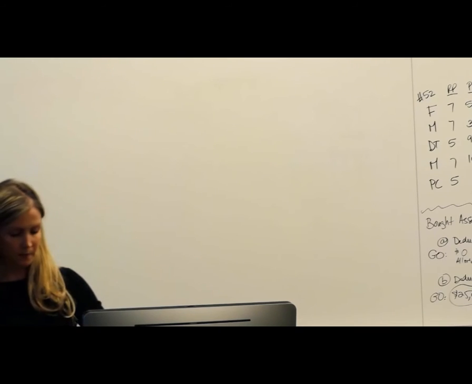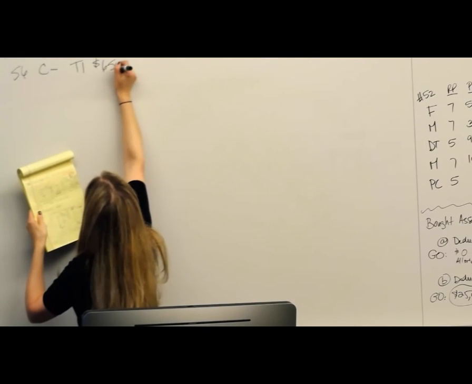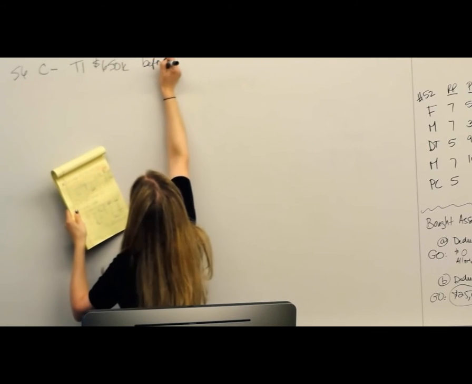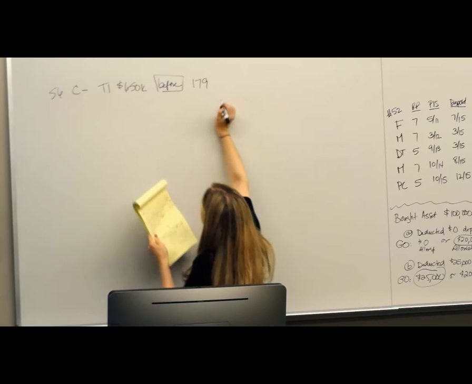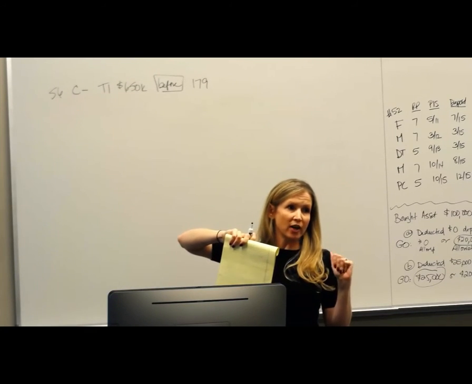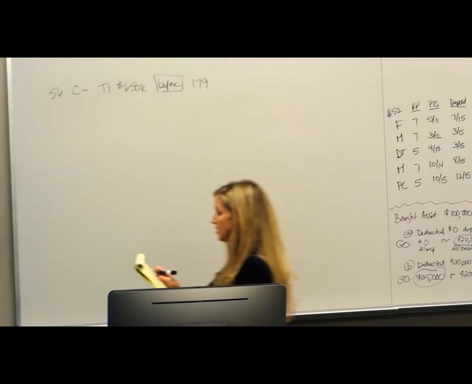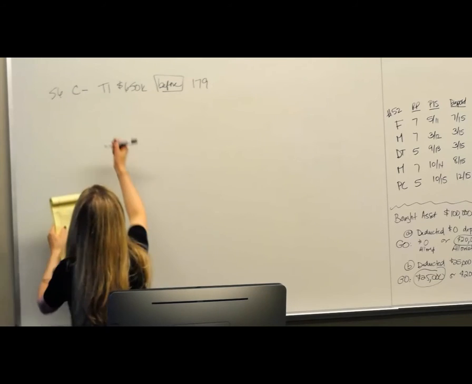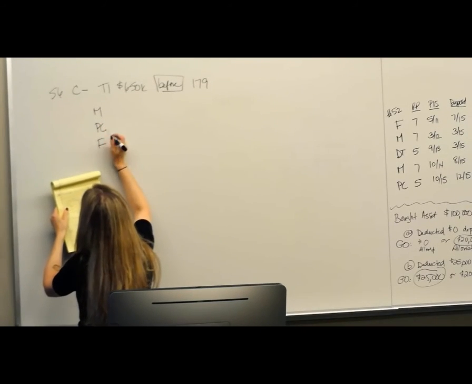So we have a corporation, and it has taxable income of $650,000 before 179 has been deducted. This is important because this changes a little bit down the road. They haven't deducted 179 from that figure yet, but they have deducted regular depreciation from that number. That's what they're trying to tell us. And they've got a machine, a computer, and some furniture.